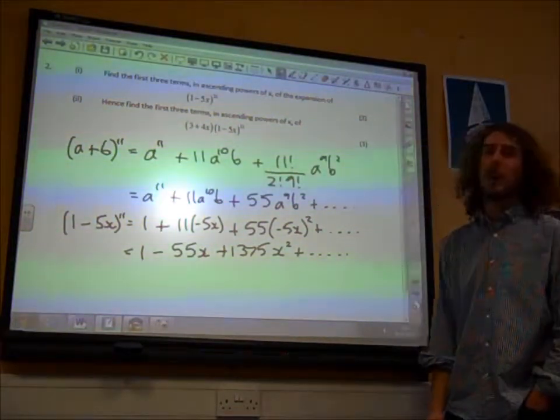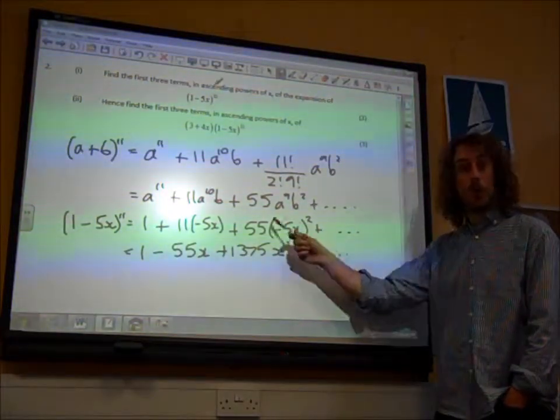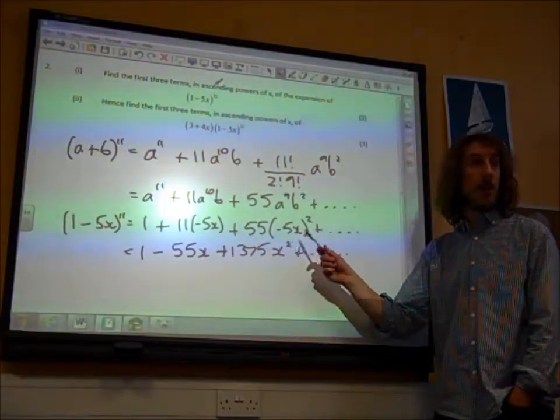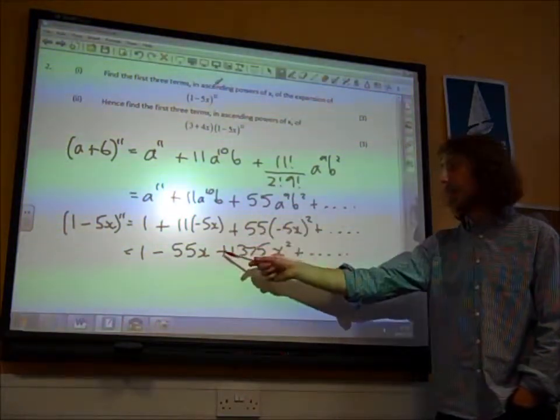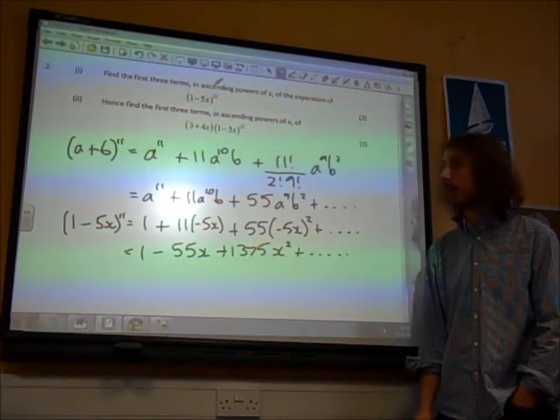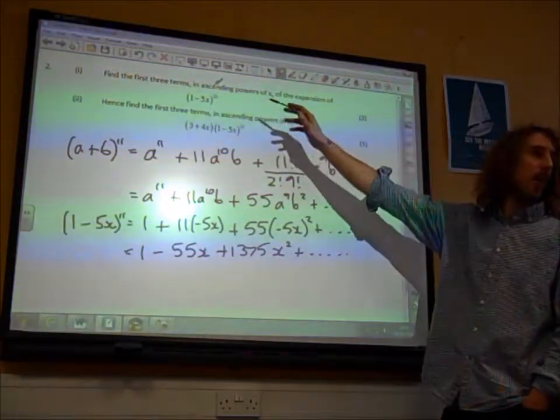Did you get 1375? Do we agree with that? Brilliant. Remember that the mistake that people make here is not squaring all of the minus 5x. And even then, once you've done that, squaring the 5 but not remembering it was negative and ending it with a negative sign there. So be really careful you don't fall into that trap. Hence, find the first 3 terms of this.